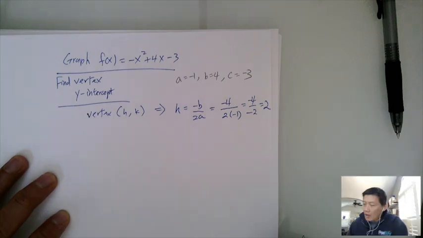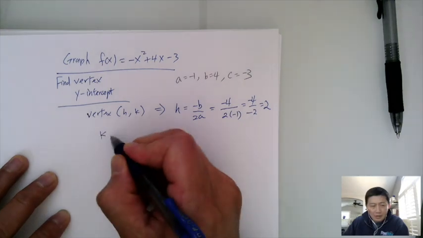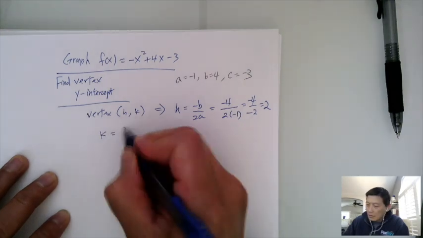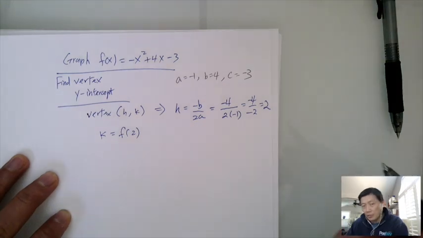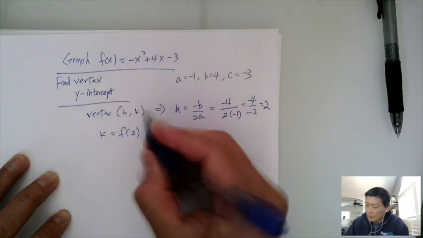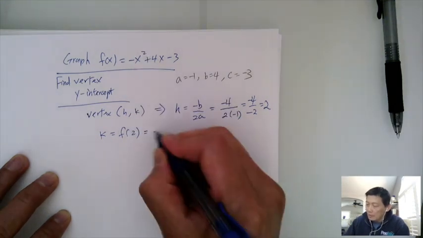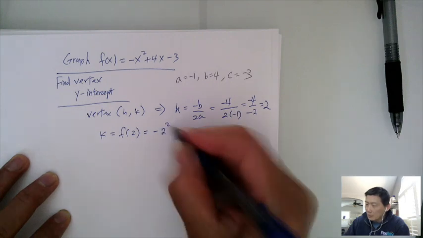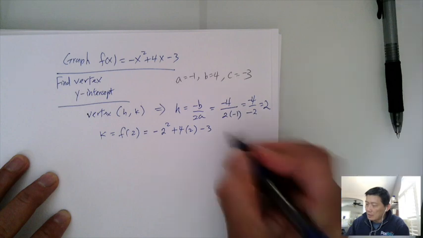But what's k? Well, you need to find k. k is f of 2, right? Because h is the x coordinate. So put 2 into x to figure out the y value. We get negative 2 squared plus 4 times 2 minus 3, right?